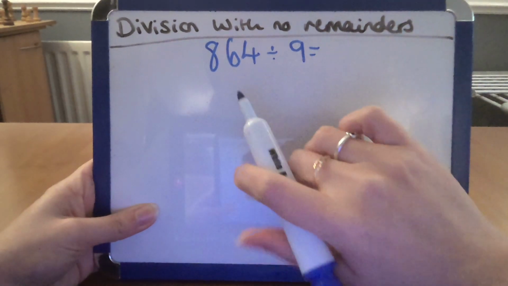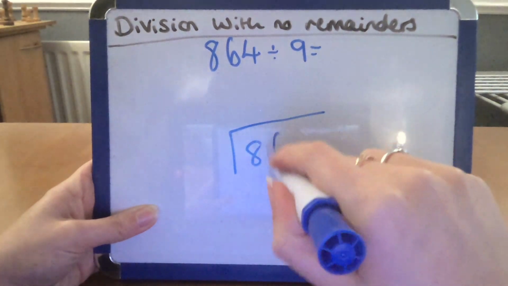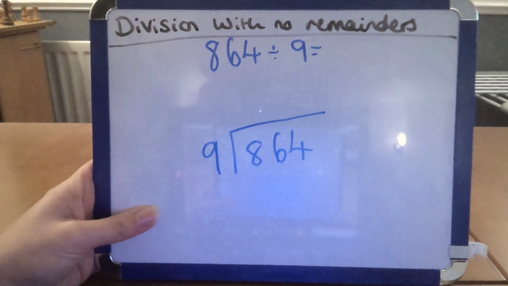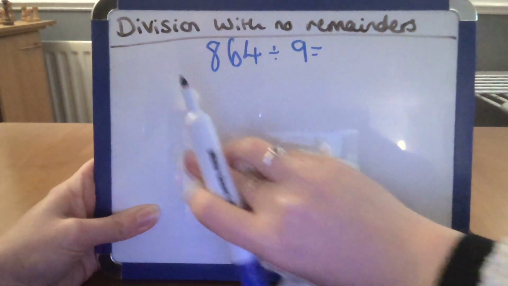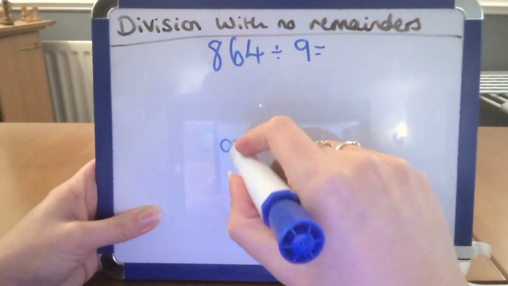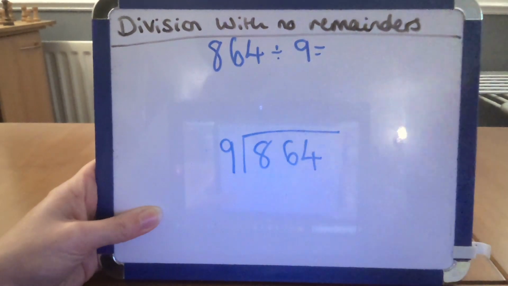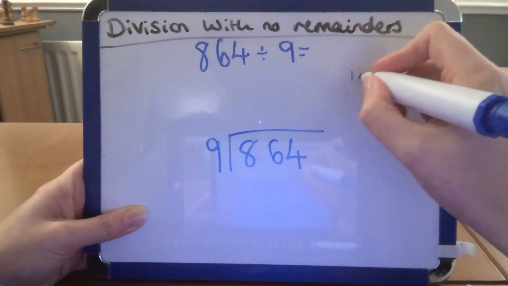Okay, so the next question is 864 divided by 9. So I draw my bus stop. Wasn't very straight. Let me try that again. Slightly better. Now, if I don't know my 9 times table, I can always write them out.